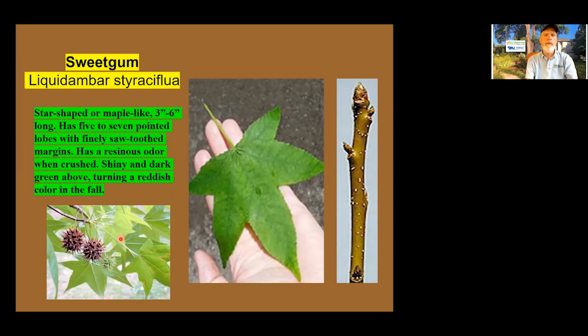There are some male trees that do not have the gumballs, but it's hard to know ahead of time if the tree is going to be female or male. But it's star-shaped leaves, pretty cool for doing leaf collections with kids. Get some tulip leaves, some sweet gum, get some of the other ones, and they'd have a great little collection.